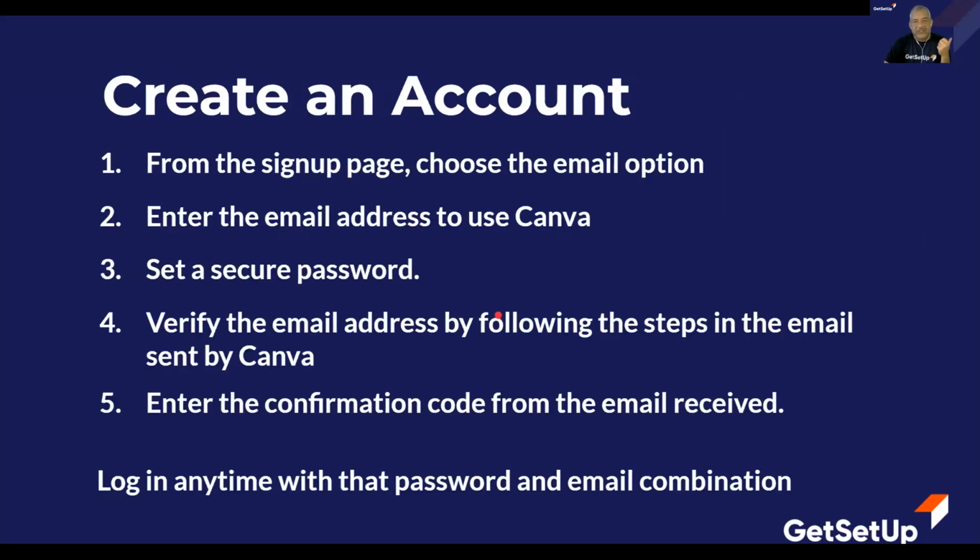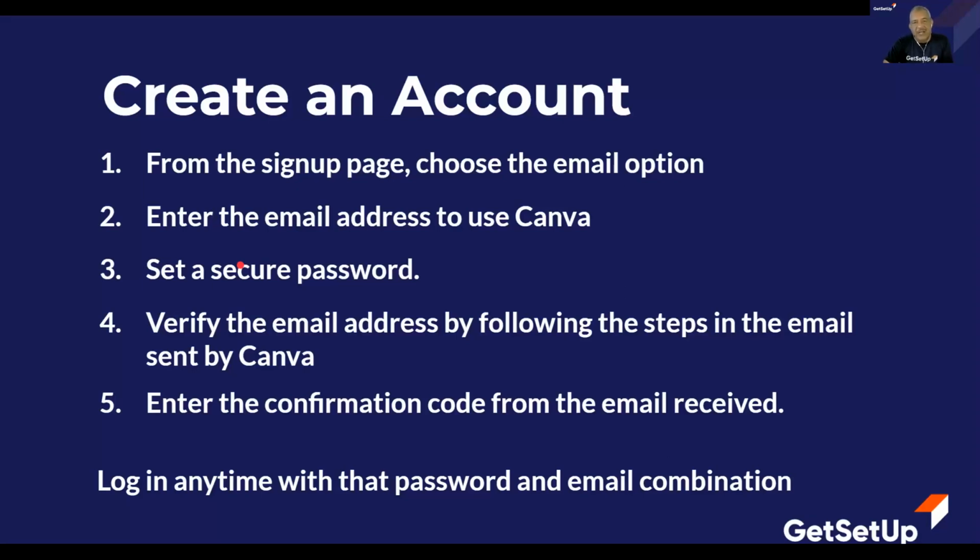Now, the first thing is creating an account. We go to the home page, and from the home page, we click on sign up. From sign up, there are a couple of options that we have for signing up.